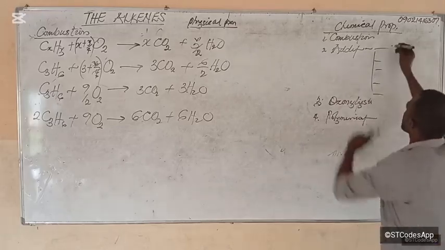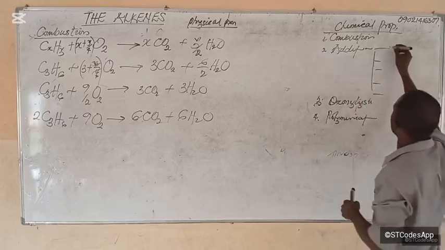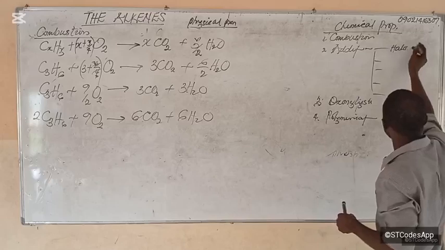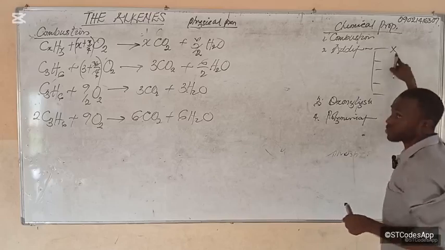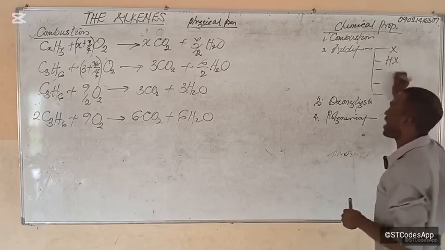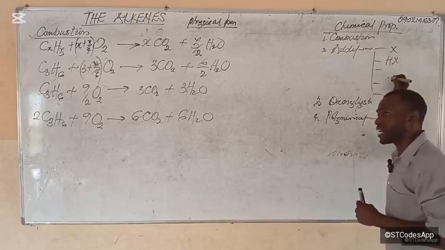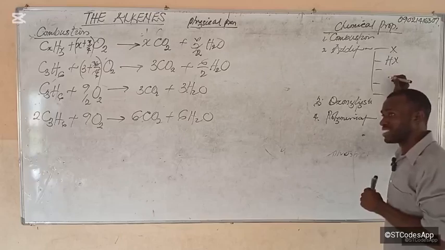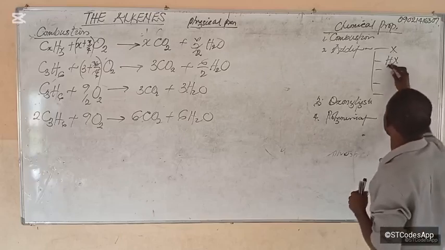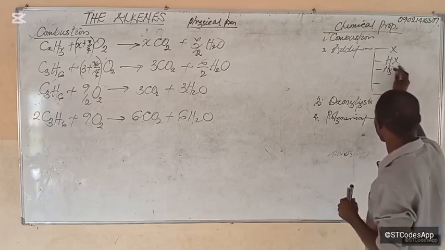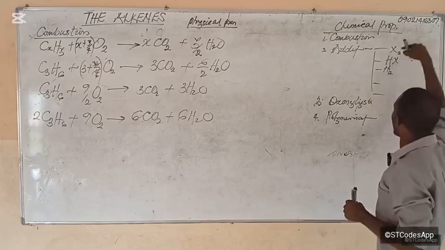So for example here, under addition reaction, we're going to see halogenation. We are supposed to see halogenation, addition of this, then addition of hydrogen halide, okay? Then we are supposed to see hydrogenation itself, okay?